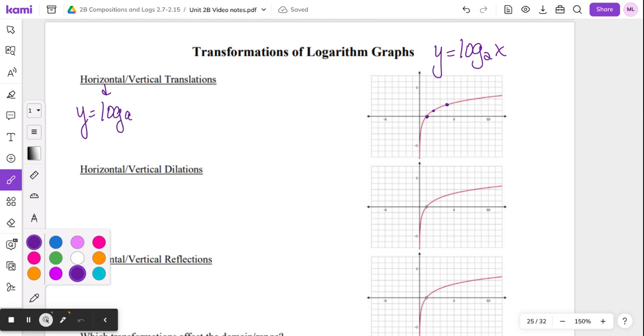Horizontal, remember, always impact the x, so that's where it would be x plus or minus some value there. That shifts it left and right. So if we add or subtract, we're moving this whole function to the left or the right. If we have vertical, you would see them outside of your log, plus or minus. We'll call that k. Moving it up and down.